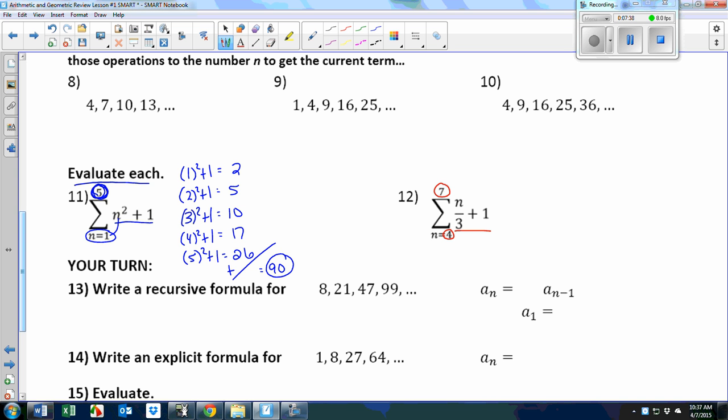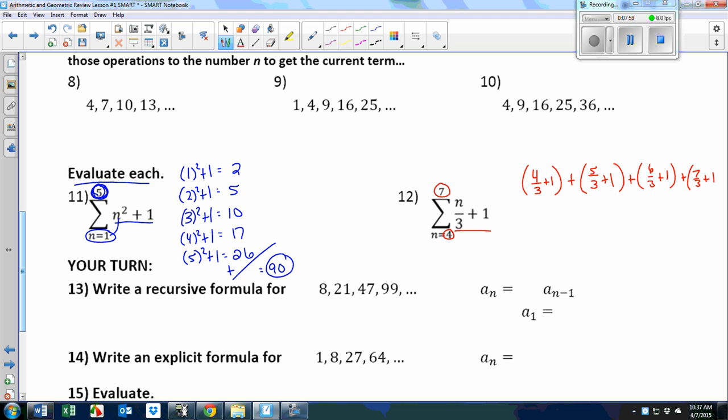Number 12 is exactly the same. It's just going to be a fraction answer. Plug in a 4, 5, 6, and stop at 7. So 4 over 3 plus 1, then 5 over 3 plus 1, then 6 over 3 plus 1, and then 7 over 3 plus 1.